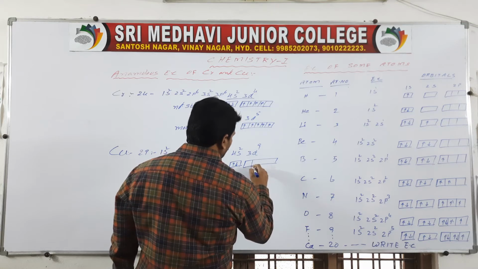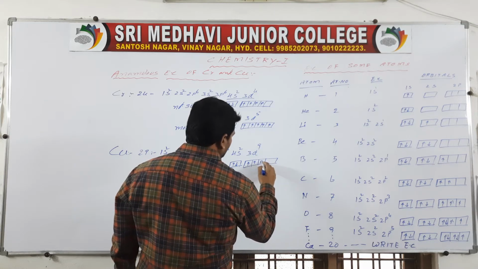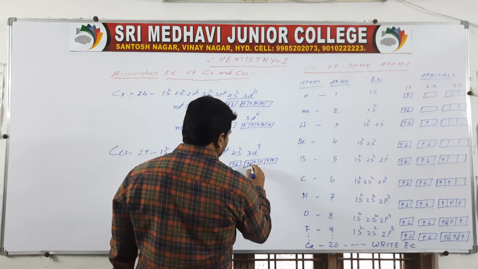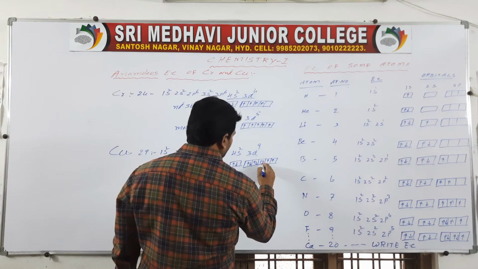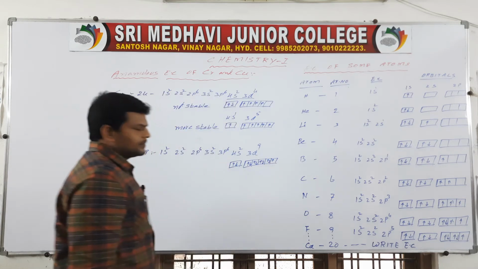In d how many electrons? 1, 2, 3, 4 and 5. Then pairing 6, 7, 8, and 9.